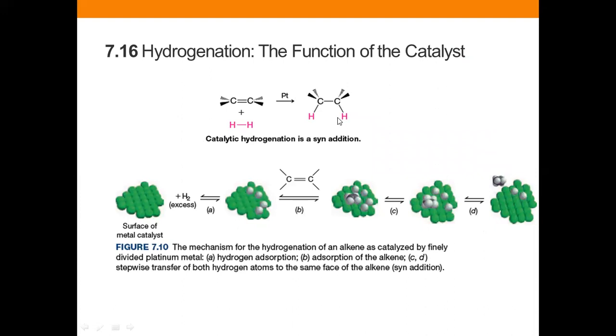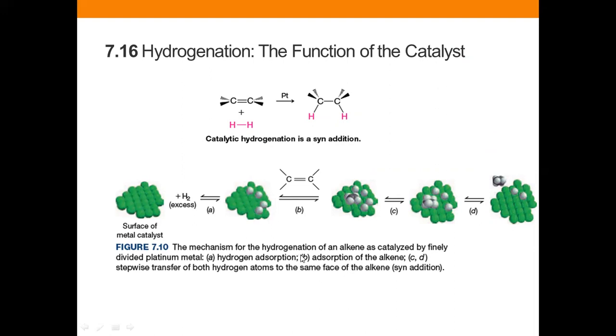So this is the catalytic hydrogenation, which is a syn addition. You see syn, the reactants are being added on the same side. You have a surface metal catalyst, say in powdered form. First is the hydrogen adsorption: the metal catalyst adsorbs the hydrogen to its surface.